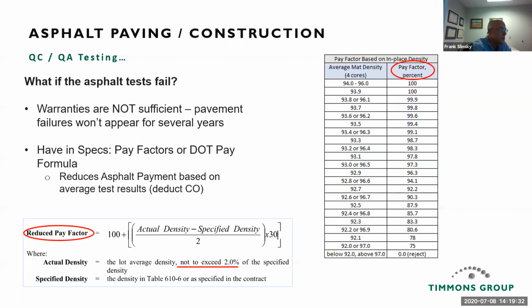And then there's a pay adjustment based on that formula. Over to the right is another way to present the information. There's a pay factor based on in-place density. So whatever your results are, above or below the requirement, then there's a pay reduction, until you get to the rejection point.